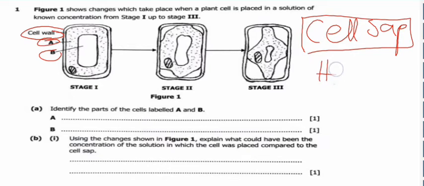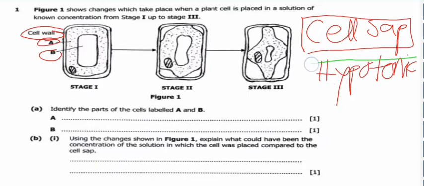We have the first one, which is called hypotonic solution. A hypotonic solution is the solution whose concentration is lower compared to the cell sap.